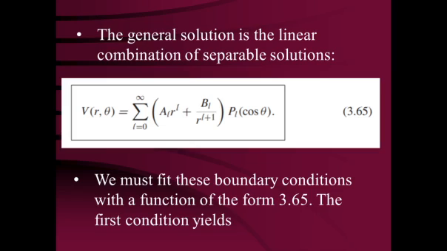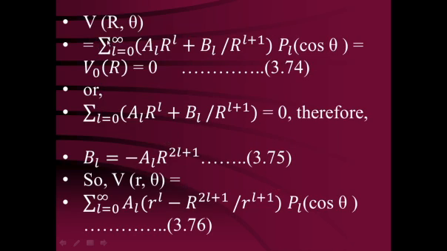We substitute: if small r is equal to capital R, then V(R, theta) is equal to the sum over L from 0 to infinity of A_L R to the L plus B_L upon R to the L plus 1, times P_L cos theta, and that is equal to V0 at the surface R, which is already 0. We know that, and this can be substituted here.